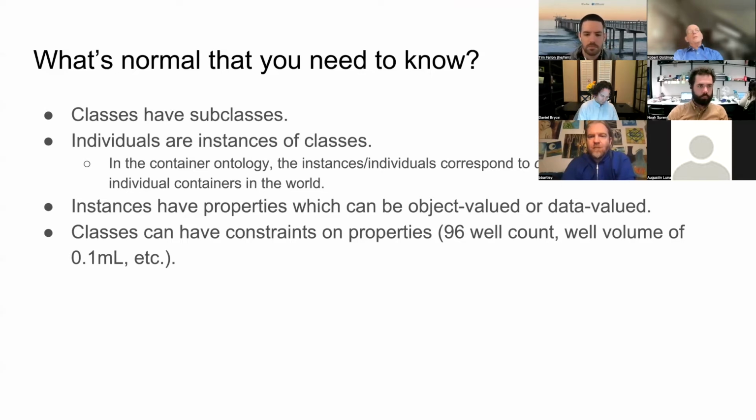And something that you need to know about how the container ontology works is that the individuals in the ontology aren't individual containers in the world. Instead, the individuals really correspond to catalog entries.